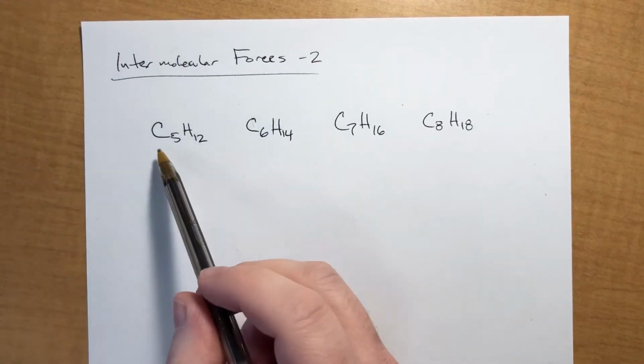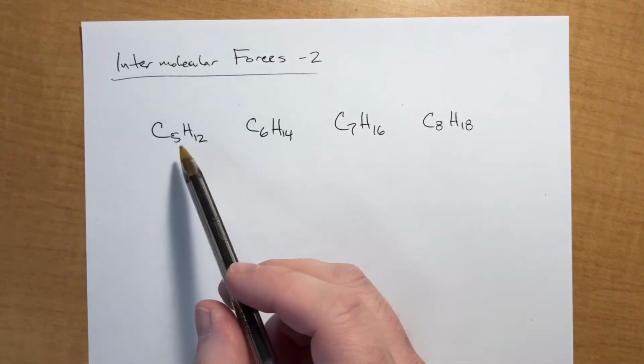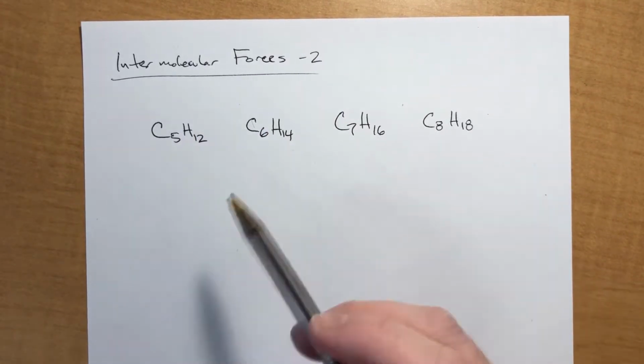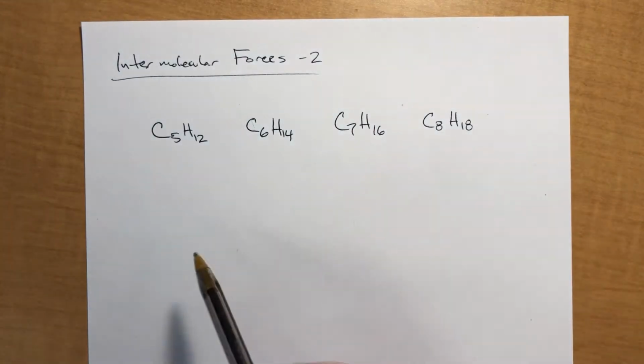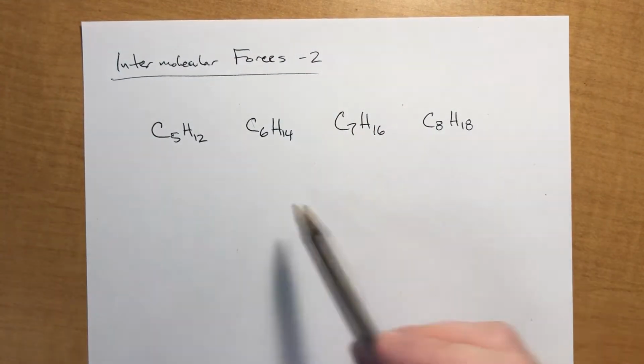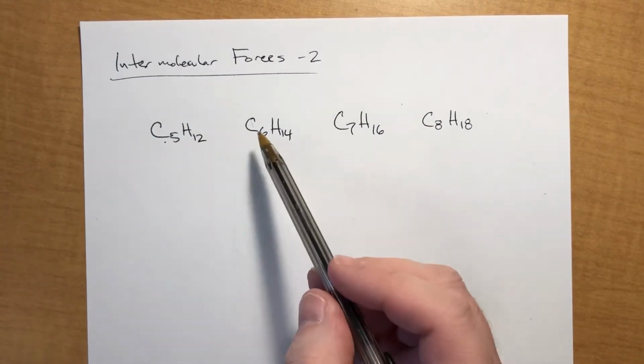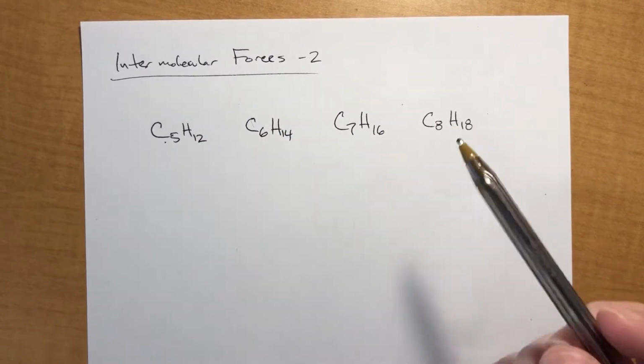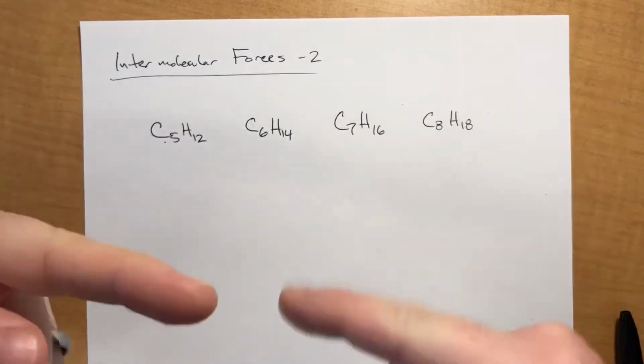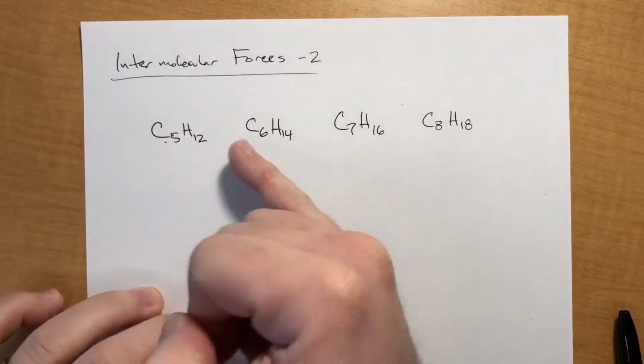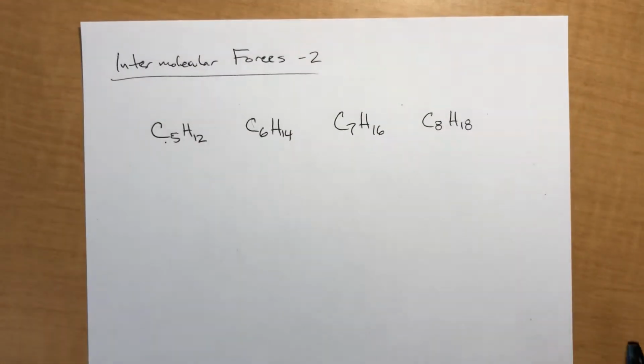What we see is that the main difference between these is that they keep getting bigger. Carbons tend to form these long tetrahedral chains. So this is basically a 5-carbon chain, a 6-carbon chain, a 7-carbon chain, and an 8-carbon chain. And they're all single bonds, so all the bonds rotate. So they're big, floppy molecules, and they get bigger and floppier as you go to the right.